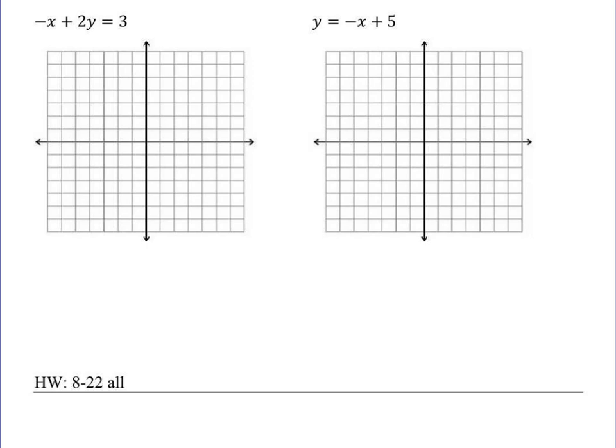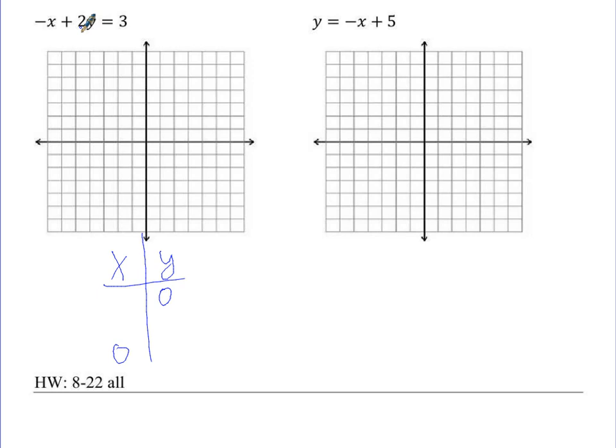So, we have 2 more. Both of these are in standard form, and we want to graph them. What should I do on this one? Make your table. So my table will be x and y, 0 and 0. Plug in 0 for y. What am I left with?